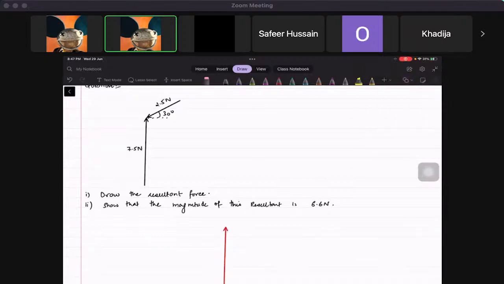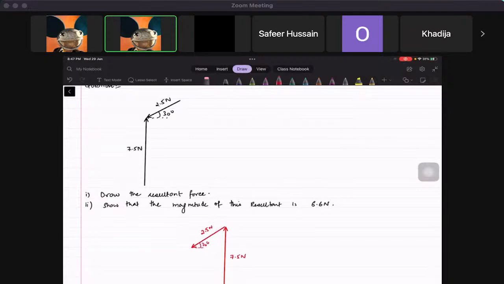If you draw 7.5 newtons first, like this, you should also know that you have to draw the other vector from the head of the first vector, which is 2.5 newtons, and this is 30 degrees actually.